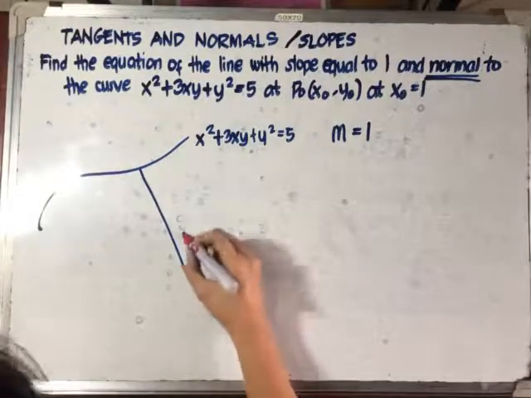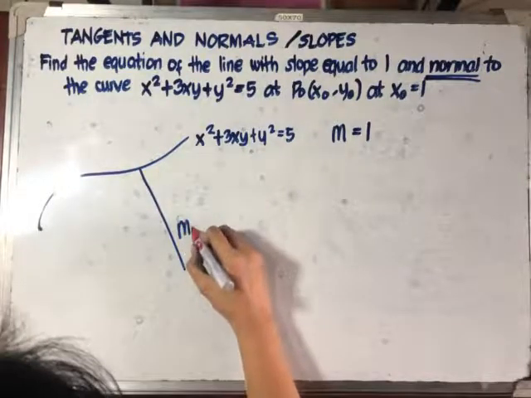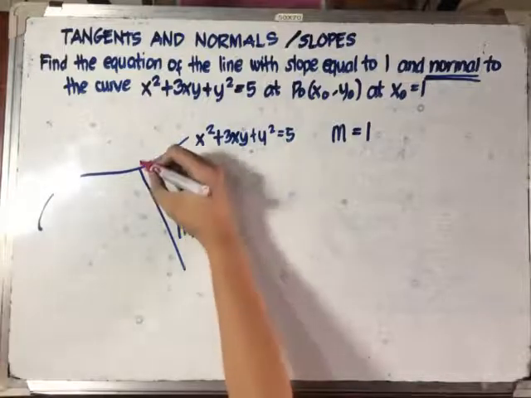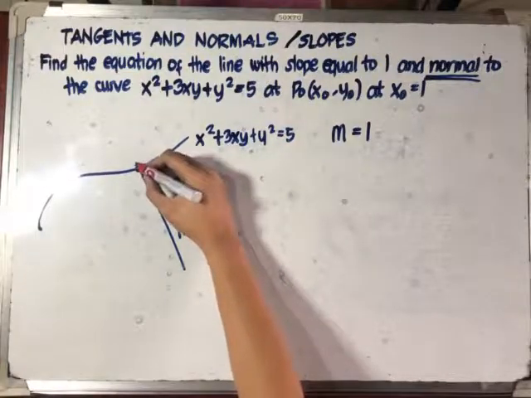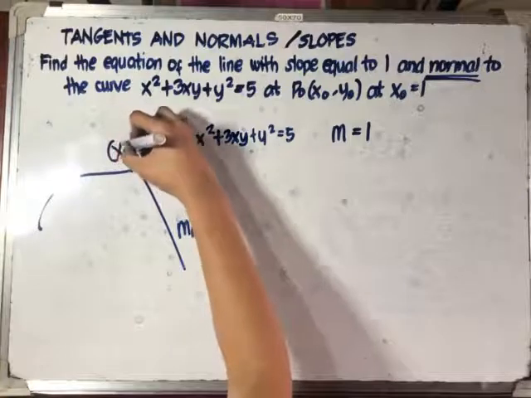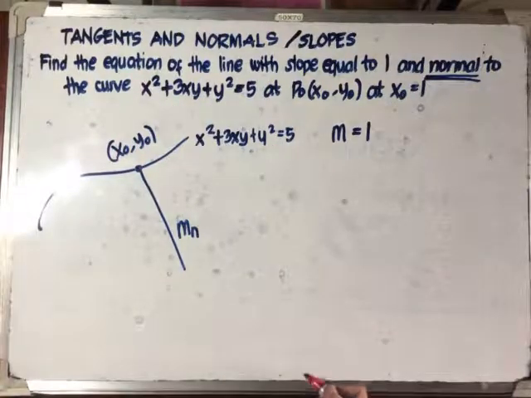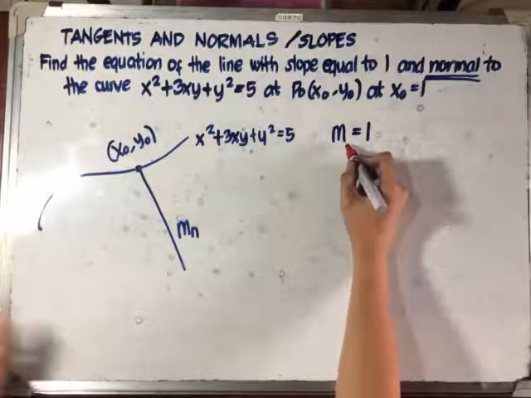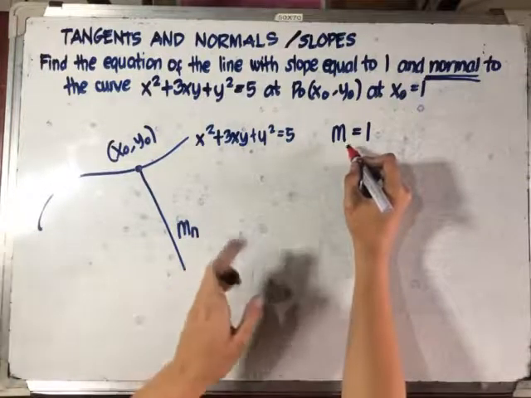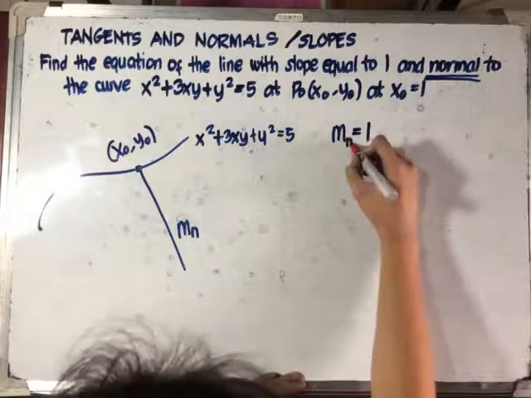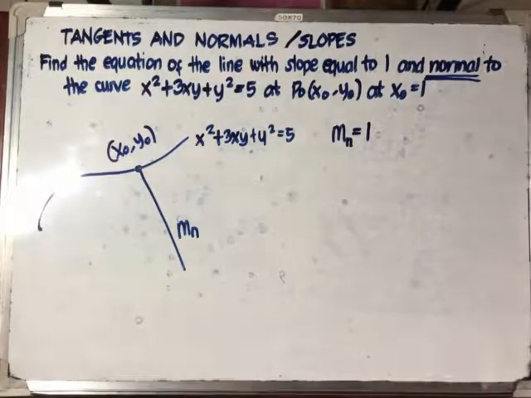Let me draw that line. This is M normal. Okay, let's say this point here is at XO, YO na coordinate. No? So, normal line itong hinahanap natin. And that normal line has a slope of 1. Ito yon. Okay?